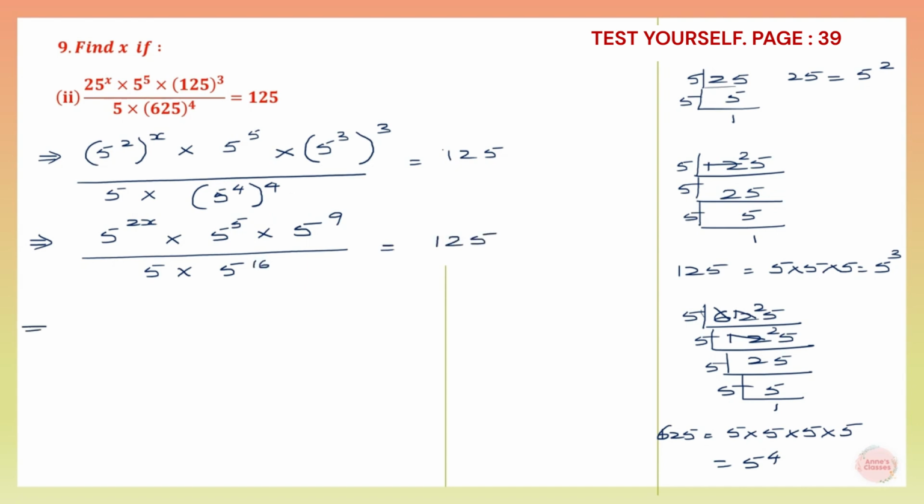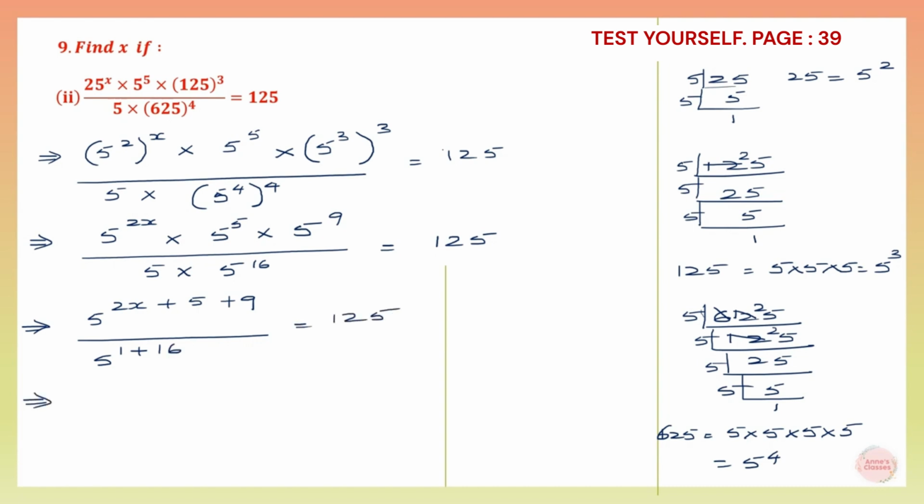Now we know when the base is the same, we can add up the powers, isn't it? So here the base is the same and it is multiplication, so add up all the powers. So this becomes 5 raised to the power of 2x plus 5 plus 9. And in the denominator also we have 5 raised to the power of 1, that's 1, isn't it, plus 16. All this is equal to 125.